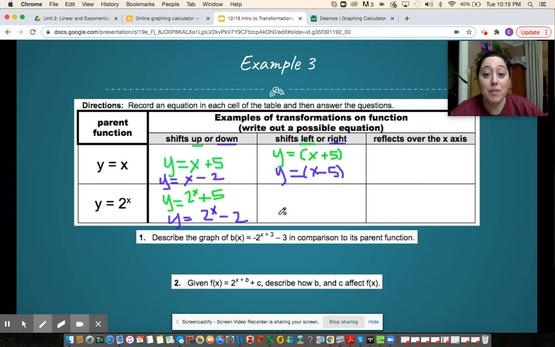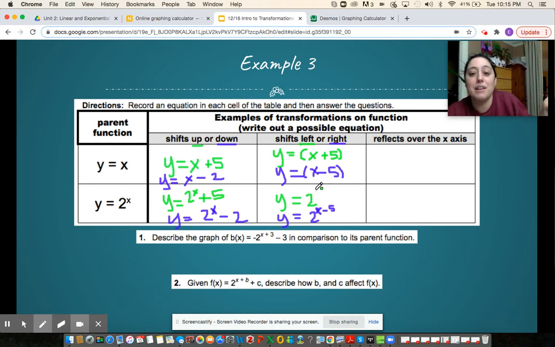Okay, for example, this. If I want to move it to the right, I'm going to have 2, and then with my exponent up here, I'm going to have x minus 5. Okay, and if I'm moving it to the left, I'm thinking subtraction.